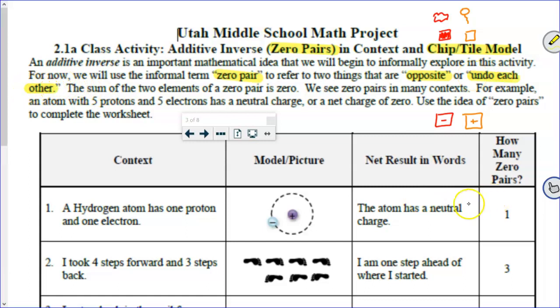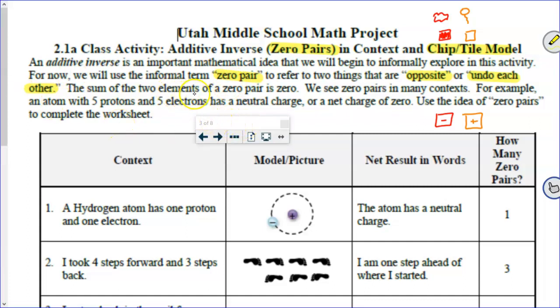When we talk about undoing each other, we call that the inverse. And as you see up here, it's called the additive inverse because we're adding two things together that are opposites that end up creating zero. So you can see how all of those terms come together and relate together.